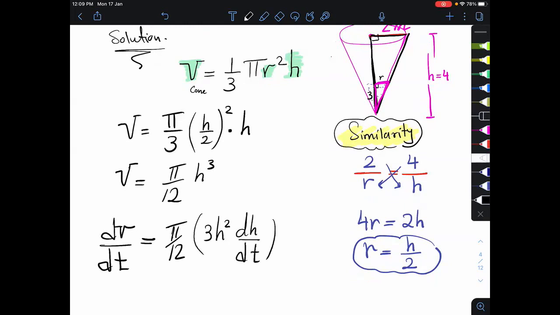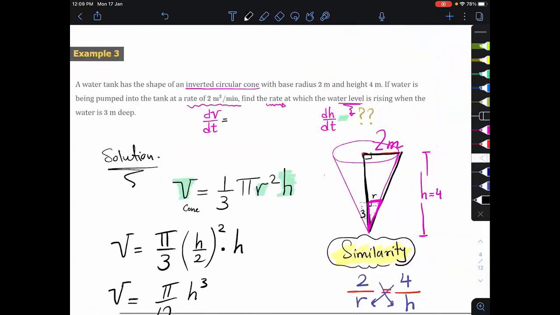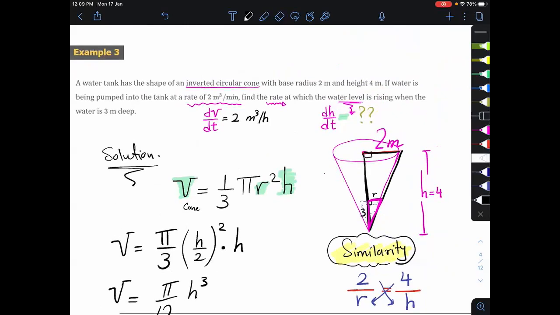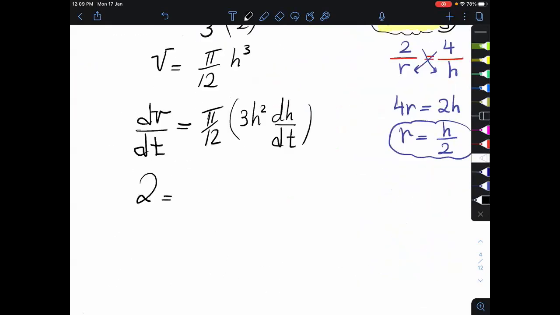Be careful, dh over dt is the unknown, right? dv over dt is given as 2 cubic meters per minute. So we substitute for h also when it's 3. It says the water will rise to 3 meters. And then dh over dt is the unknown.